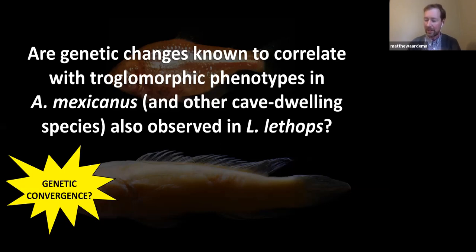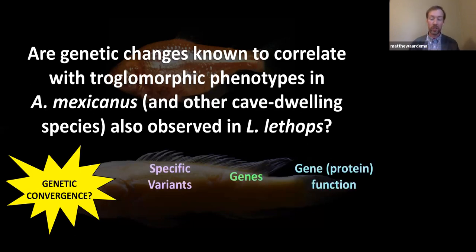A second component of that question is, to what extent and at what level do we see genetic convergence? Convergence can happen, of course, in many ways. You may see the same variant, the same SNP, the same indel in the exact same location, the same gene.